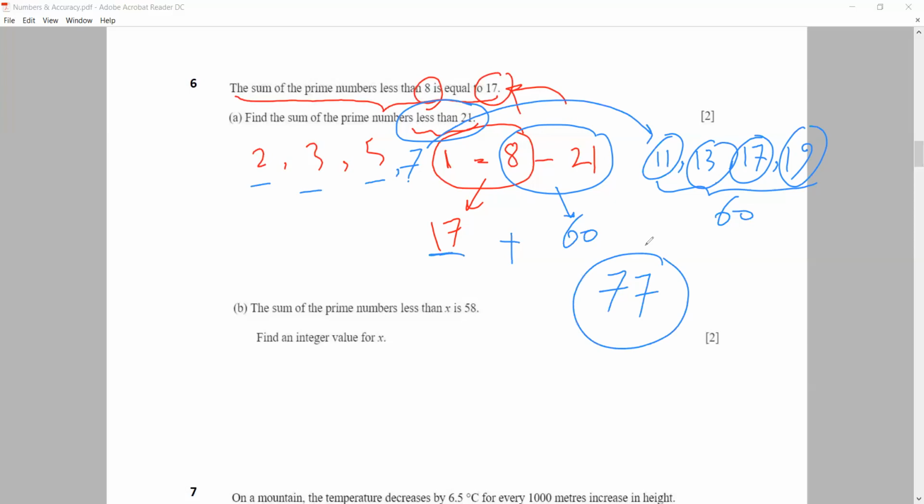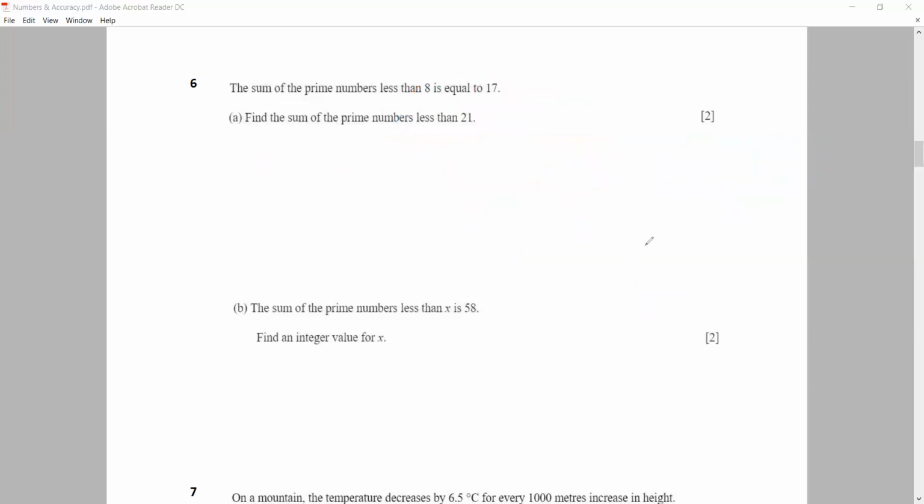Next question, the sum of the prime numbers less than x. Okay, this is interesting because we don't know what x is. So let's say x is here. The sum of primes less than x should be 58. And remember, this is the second part of the same question. So we should get help from the first part. All the way from 1 to 21, that gave me 77.